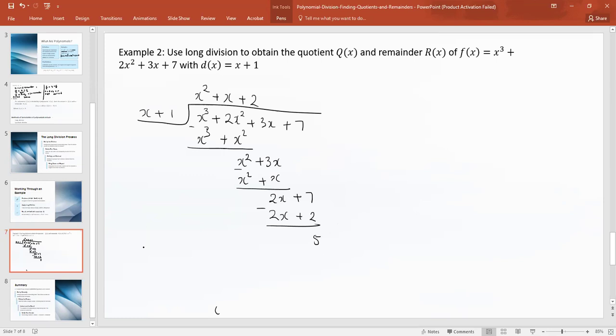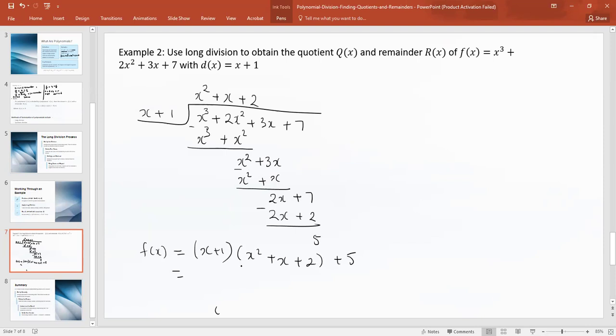This implies our dividend f of x, which is our original polynomial, can be written as the divisor x plus 1 times the quotient, the expression we've built up here, x squared plus x plus 2, plus our remainder 5. And you can verify your answer by expanding this.